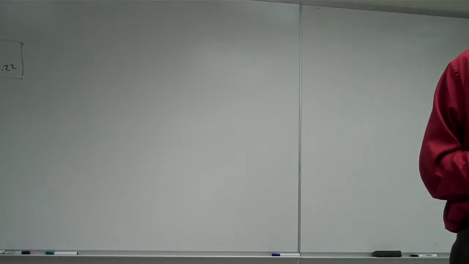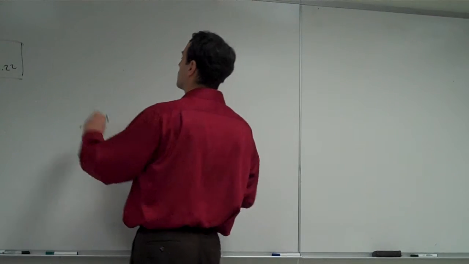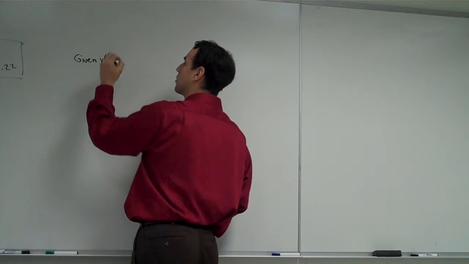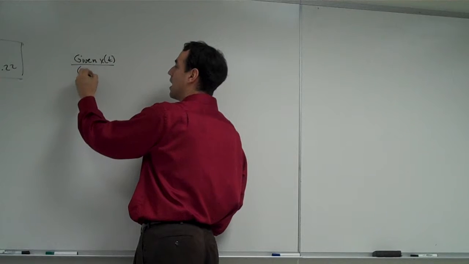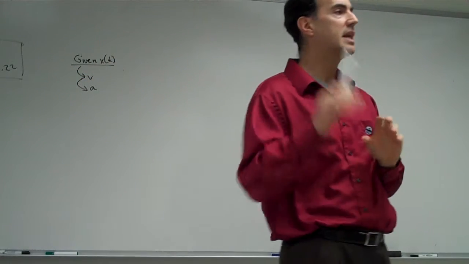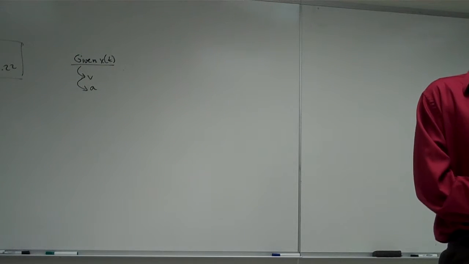We've done some examples in class. The easiest example that we did, the first one we did, was we were given position as a function of time, and then we used that to get velocity and acceleration. That was the easiest situation. Unfortunately, it's not the most common.